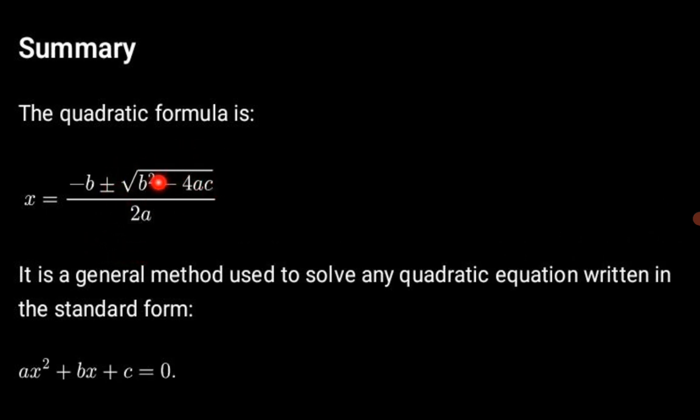So this equation is the general method used to solve any quadratic equation written in the standard form ax squared plus bx plus c equals 0. So memorize this equation because you shall need it to solve quadratic equations, not only today, but always, all the time in your exams in the future.